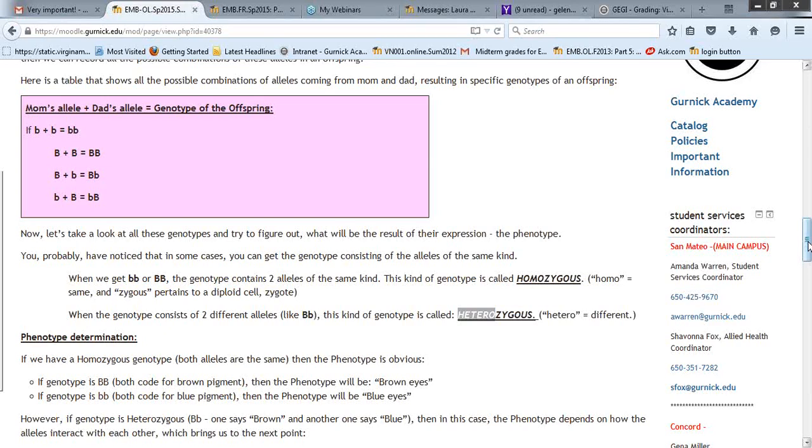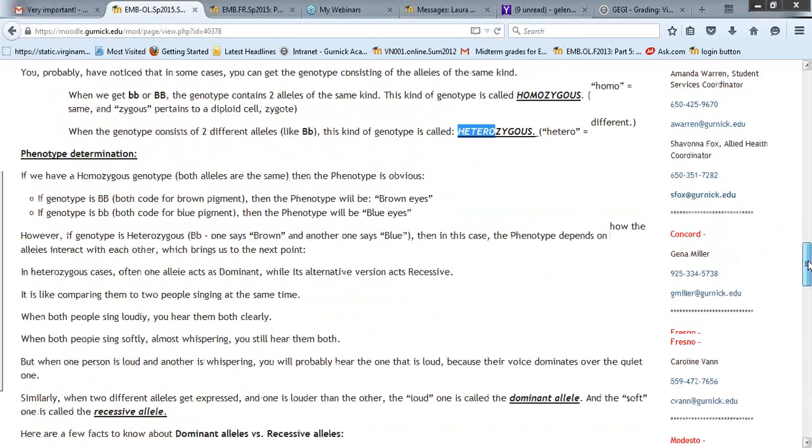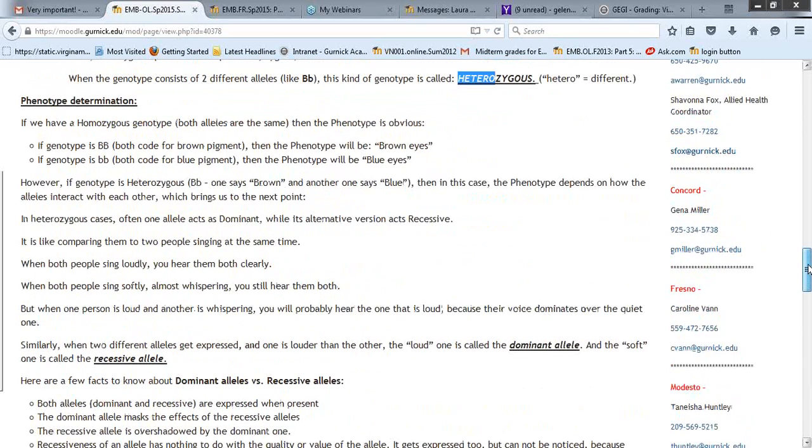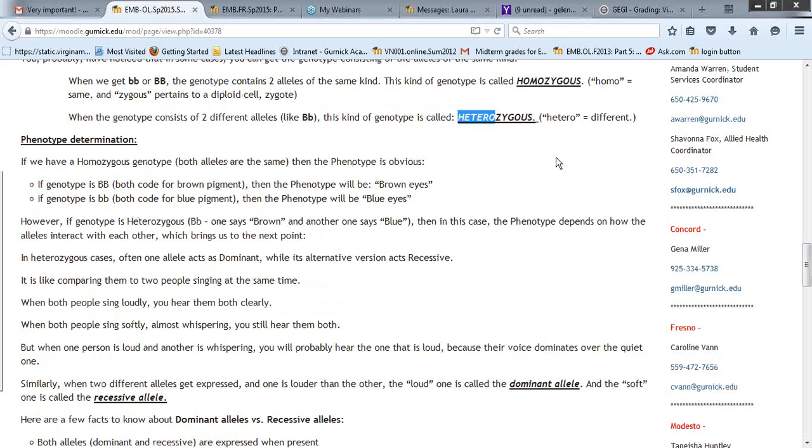Okay, so if we go and determine phenotypes based on that, it's pretty simple and straightforward. If you have two little b's and each little b codes for blue, you're obviously going to express blue color of your eyes. If you have two big B's, you're obviously going to express brown color of the eyes.